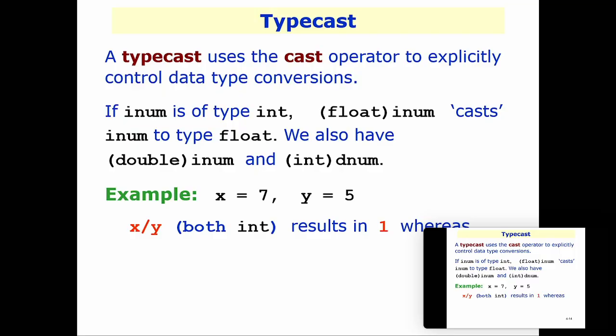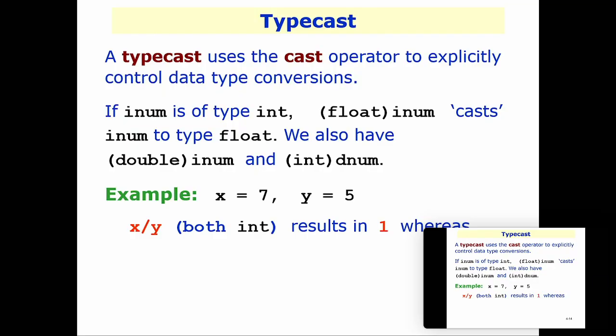What is the value of 7 divided by 5? 1.4. All right. Yes, 1.4. But this is integer divided by integer. So don't be confused. This is very important. Integer divided by integer, then the return value should be integer as well.